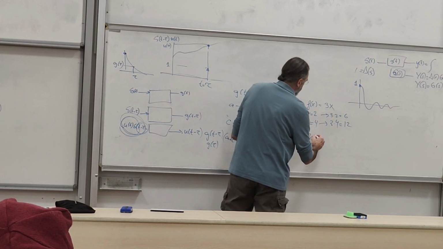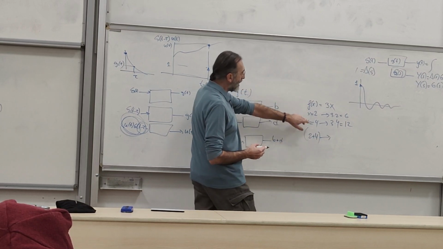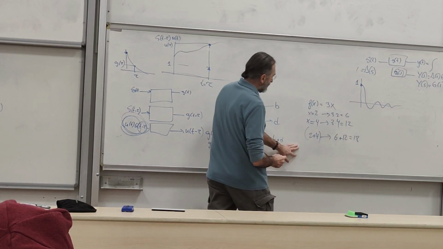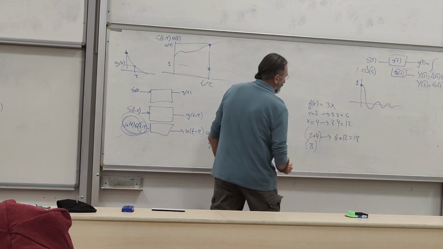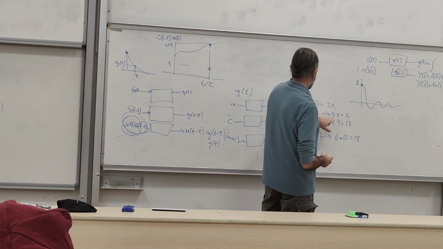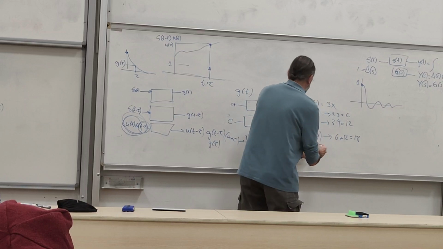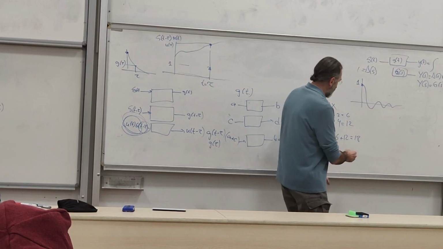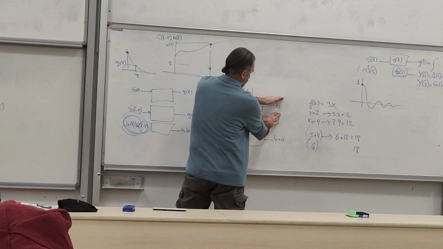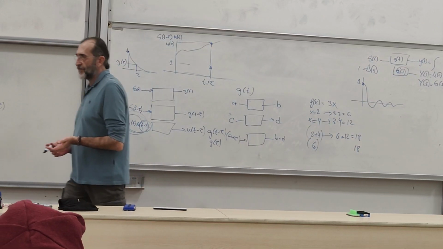If I add the 2 plus 4 as an input to this function, then I have to get 6 plus 12, 18. So you add the inputs, you add the outputs. If the system is linear, it's superposable.